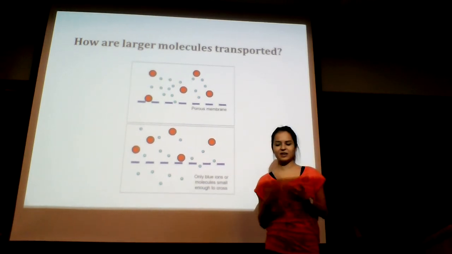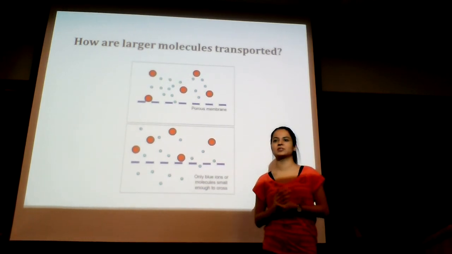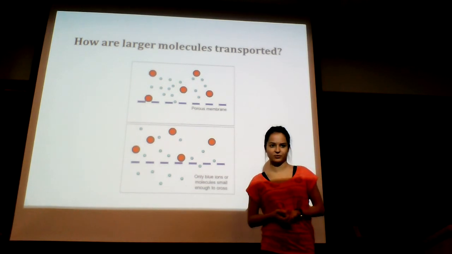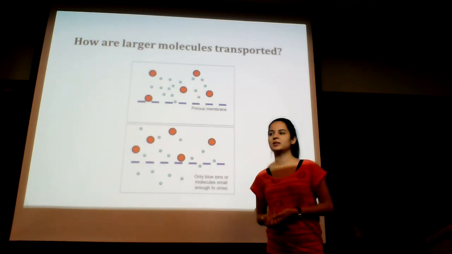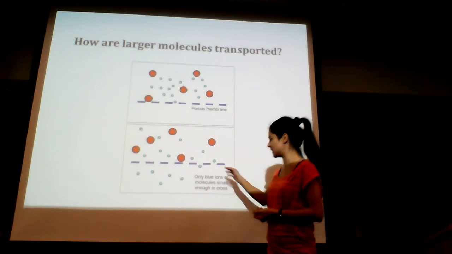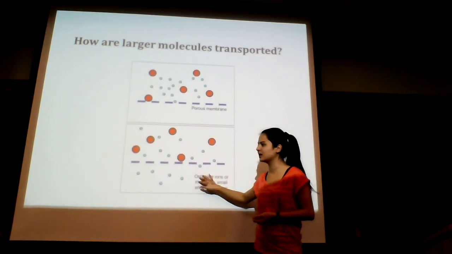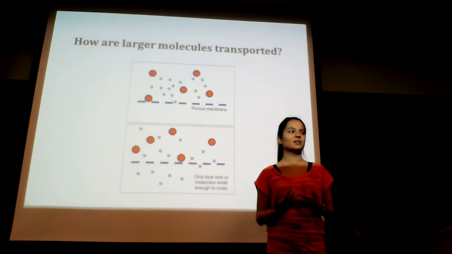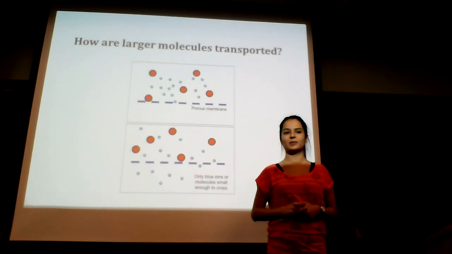So the other transport type, which is called mediated transport, is a little more complicated than simple diffusion. As we have just seen, small molecules can freely pass through the membrane. But can you make any guess how these larger molecules can pass through the membrane?